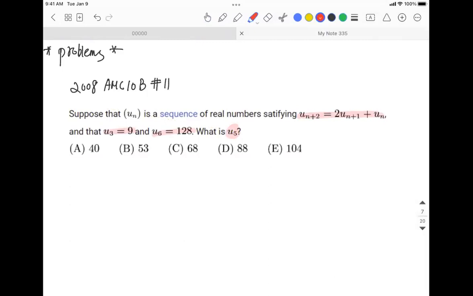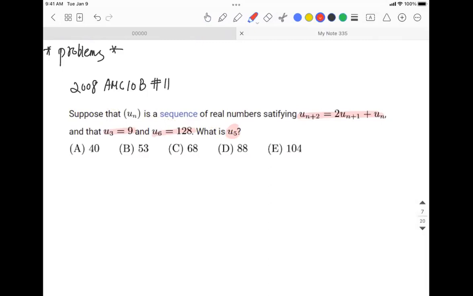Okay, how to deal with such a problem? Think about it. How can I deal with such a problem? The question gives you a recurrence formula, which denotes the relationship between different terms, whatever, right? And then the question gives you 2 terms, U3 and U6.